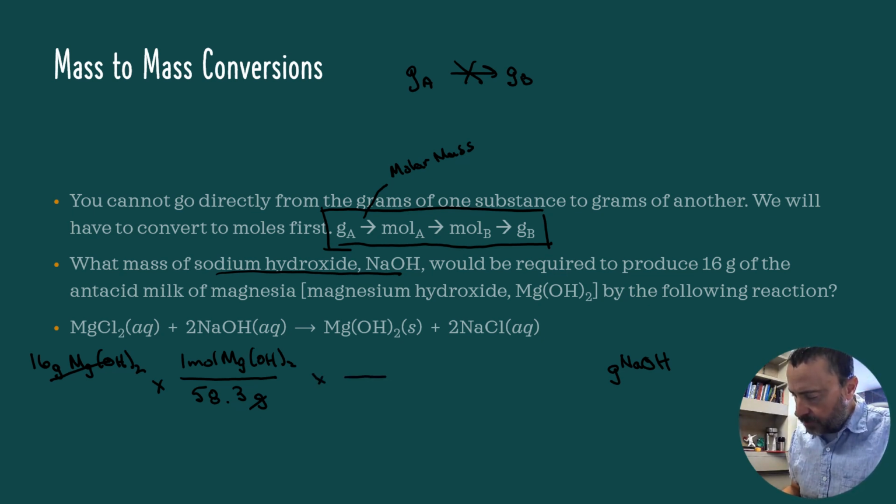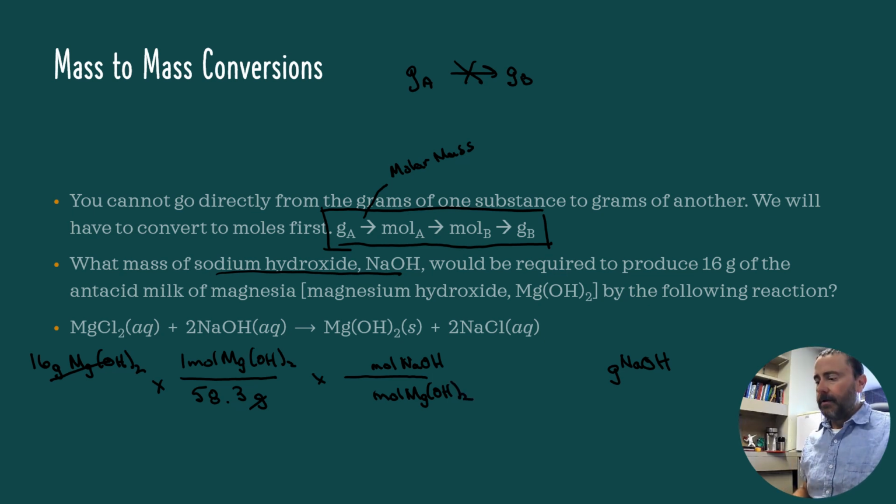Now we're going to go to the moles of our sodium hydroxide, and we're going to get rid of the moles of our magnesium hydroxide. So our moles of sodium hydroxide are going to come from our balanced chemical equation.